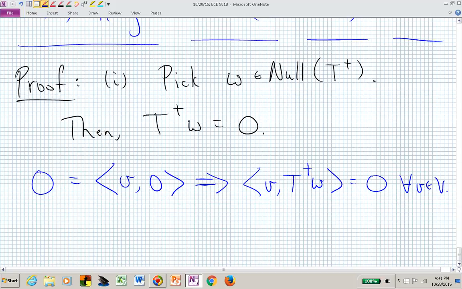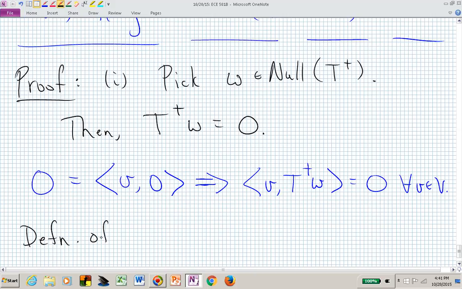So if you saw this maybe in a math book or in our book, maybe they just give you the second part of this. Maybe they don't tell you this 0 is equal to V comma 0 vector inner product. What's the definition of the adjoint?